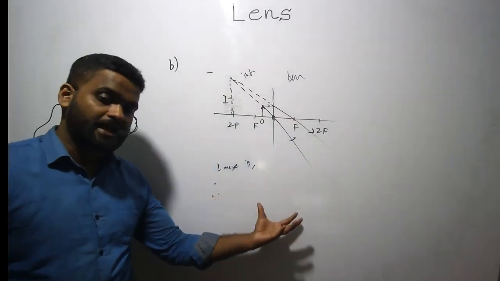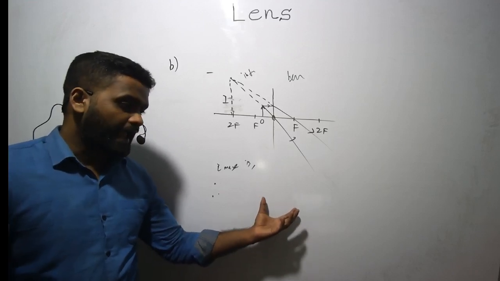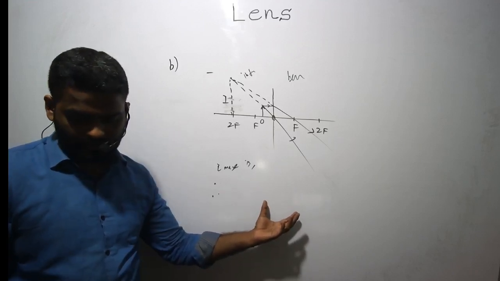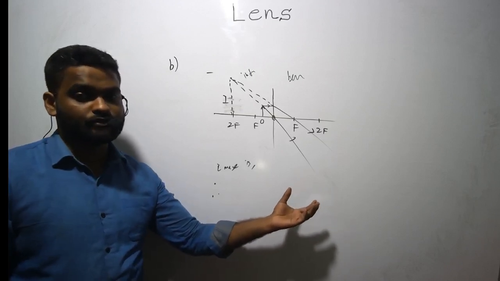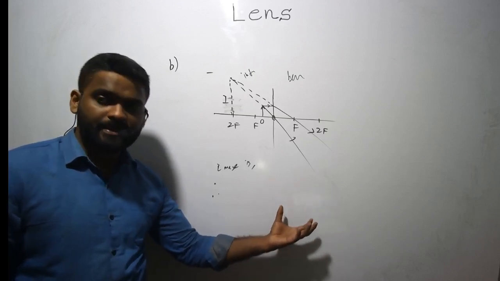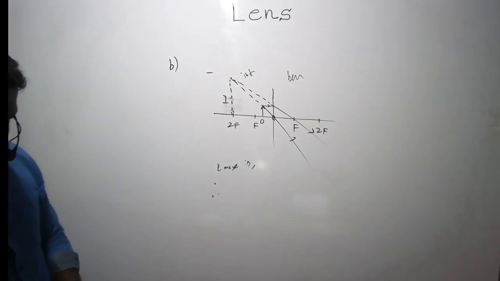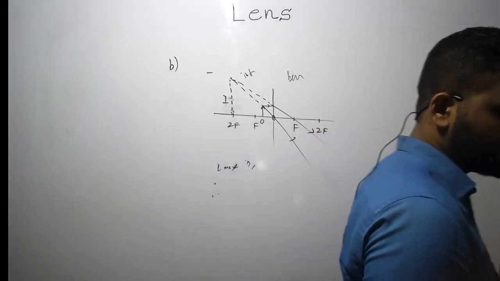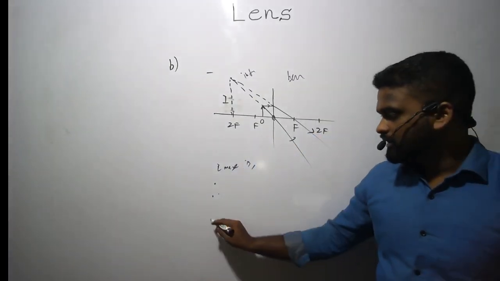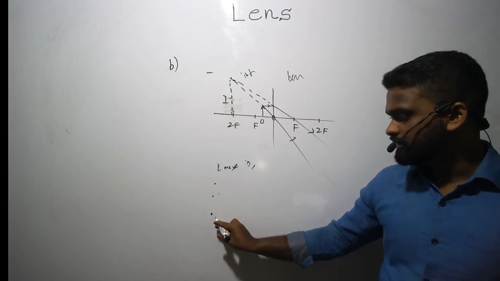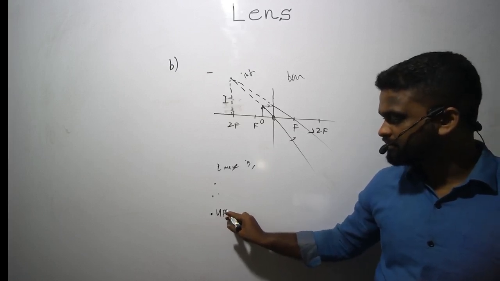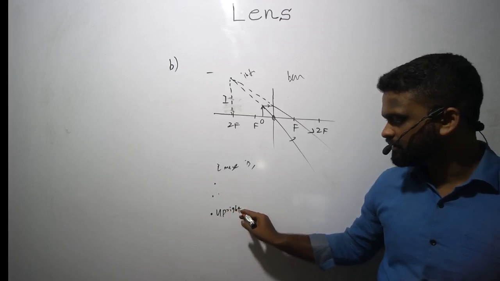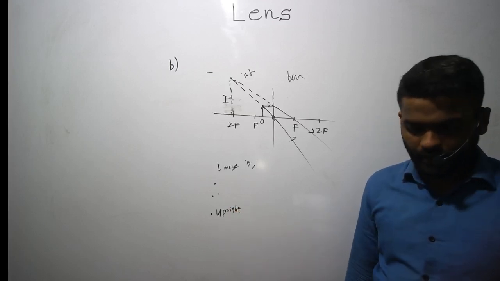Write down within brackets, cannot be on a screen. Virtual means within brackets, cannot be on a screen. Then third point, upright.